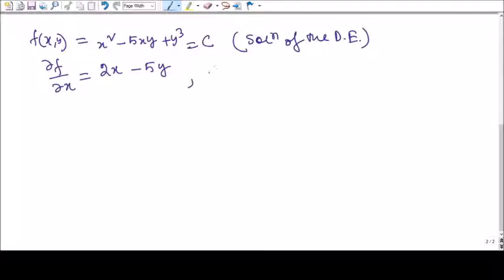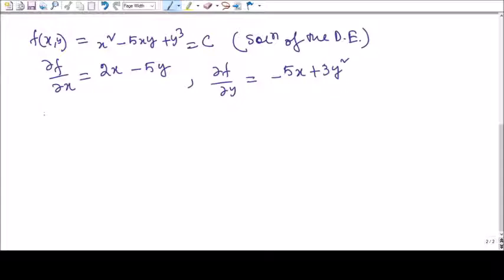And the partial derivative of f with respect to y when x remains constant, that is del f del y, is equal to minus 5x plus 3y square.